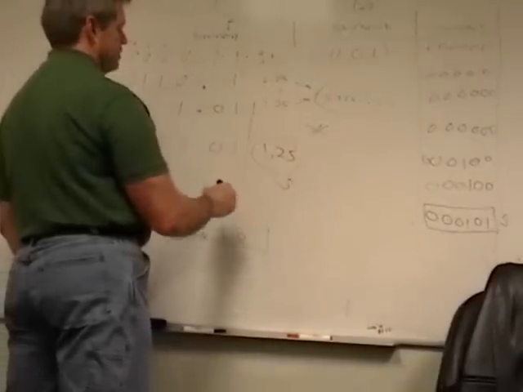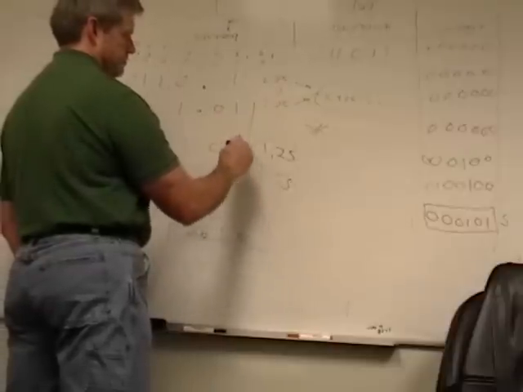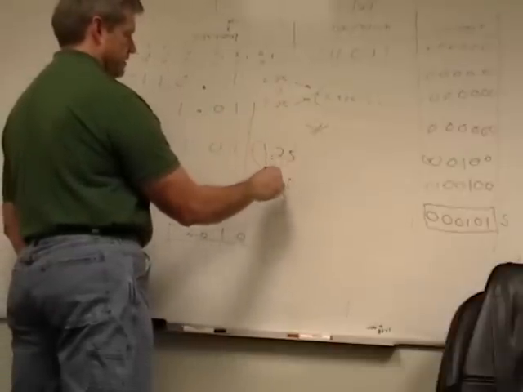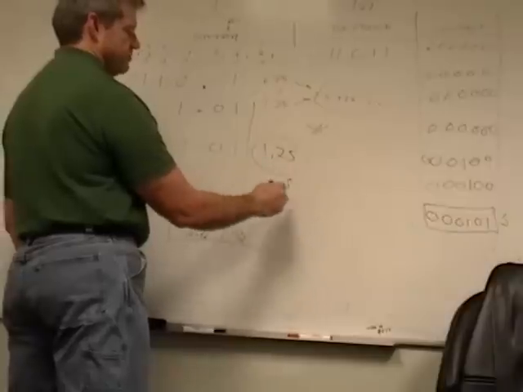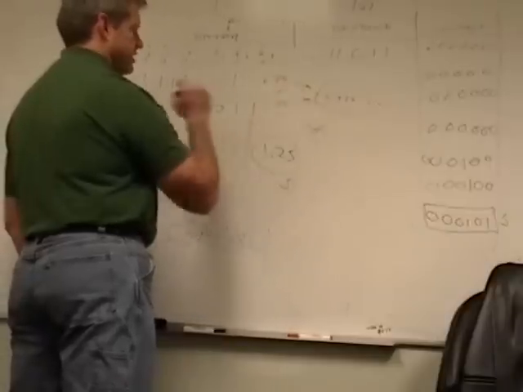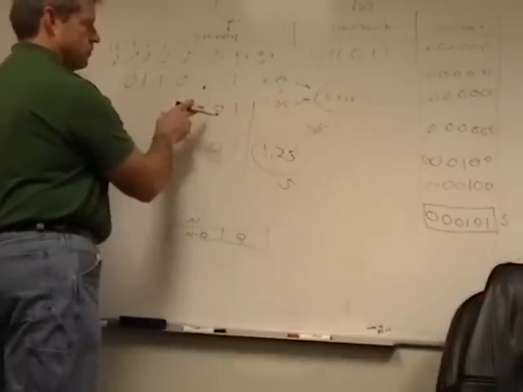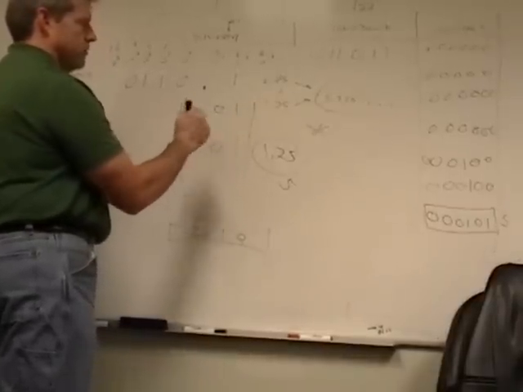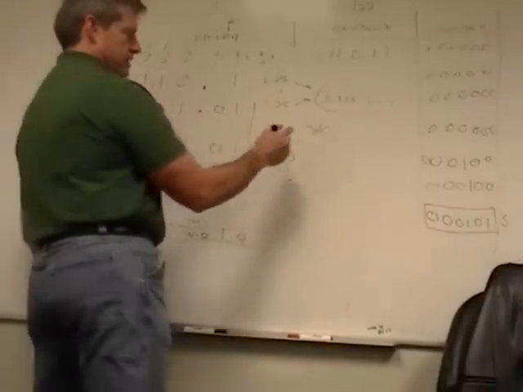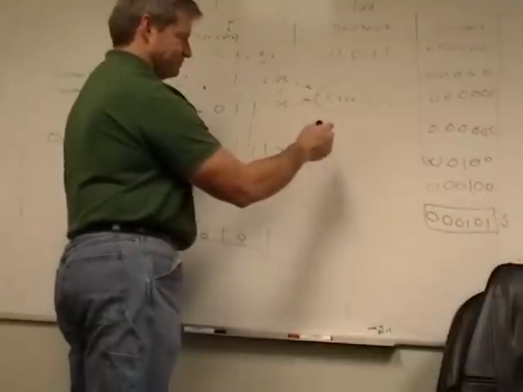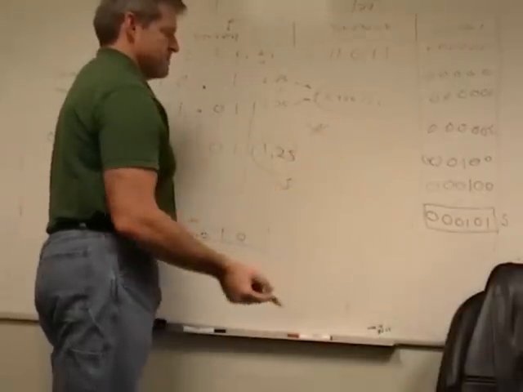I've truncated my decimal bits, my fractional bits, but that's pretty close. In the previous answer, if I moved it 1 to the left, well that was 2, and the answer was supposed to be 2 point something.